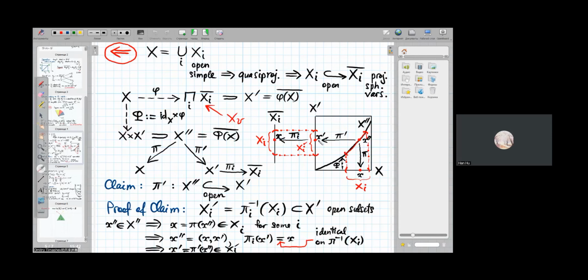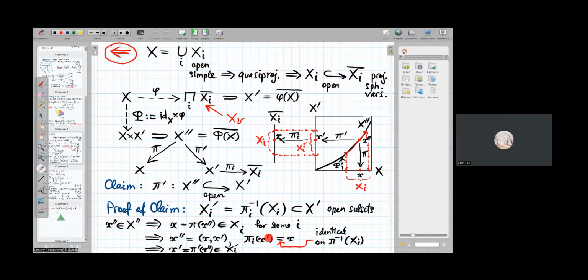No, excuse me. x prime always exists because by definition, x double prime is a point on this variety, and this variety sits in the product of x prime and x. So you always can take a projection to x prime. So we always have x prime, and we always can project x prime to xi bar, because x prime is a subset in the product of xi bars.